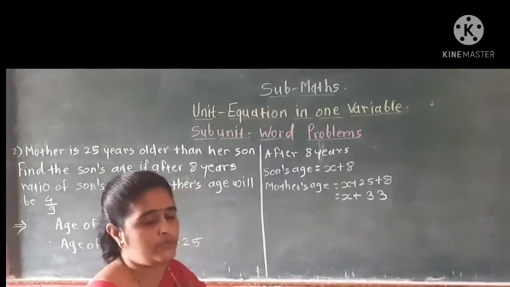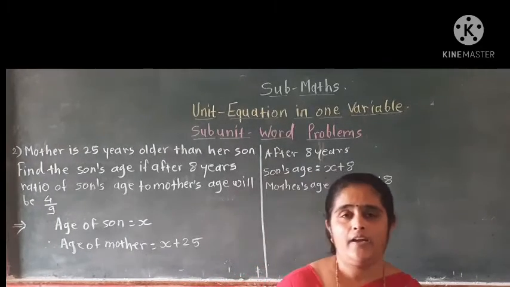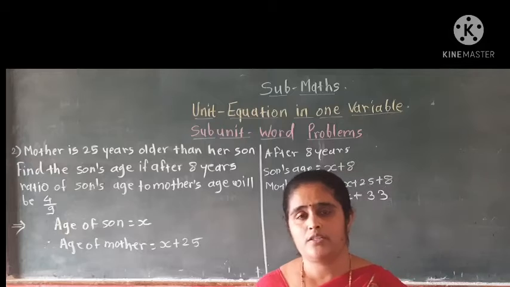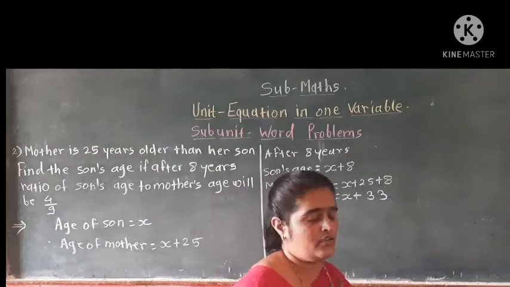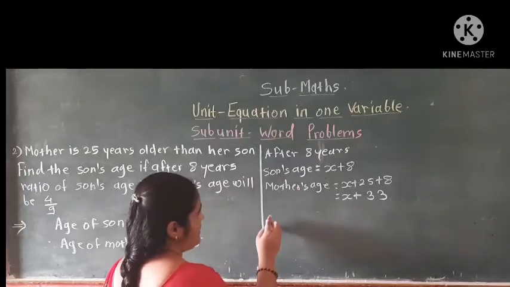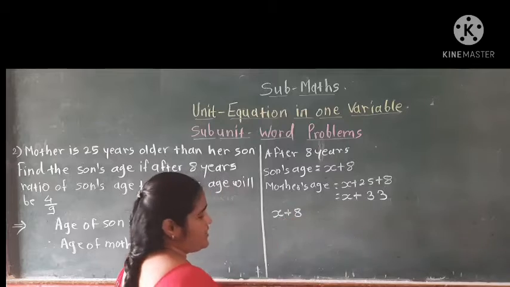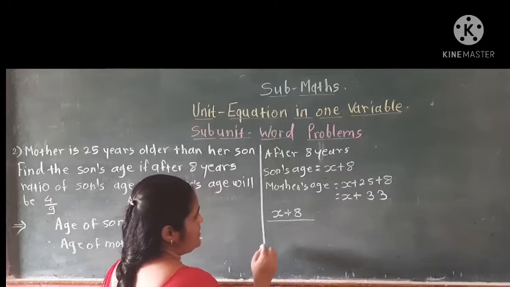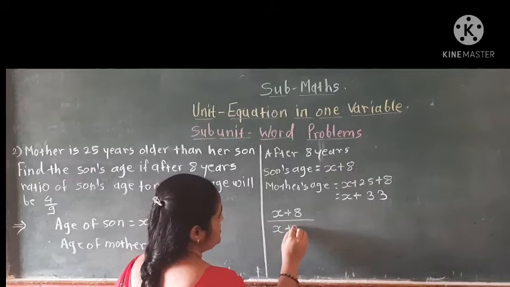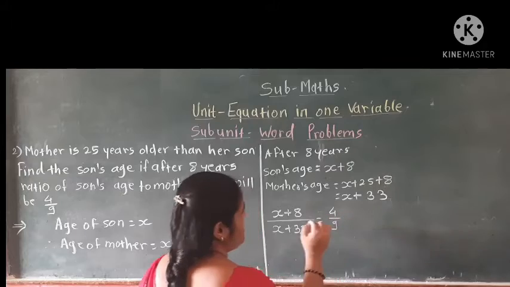Then one more piece of information is also given in your example, that is after 8 years the ratio of son's and mother's age is 4:9. So what will be the final equation? The son's age after 8 years is x plus 8, divided by mother's age after 8 years, x plus 33, and the ratio will be 4:9.